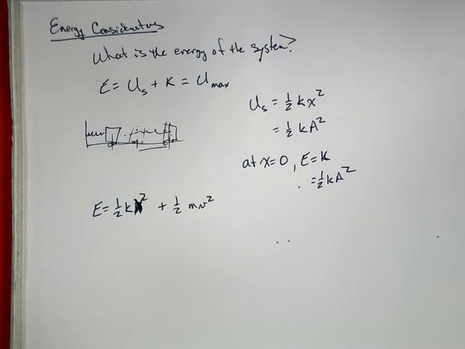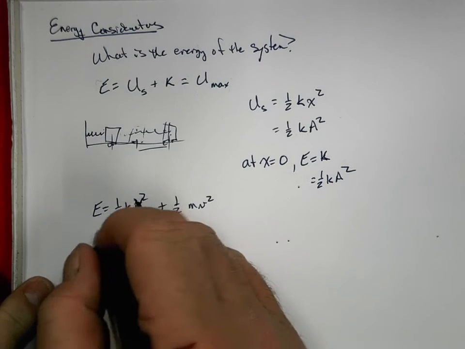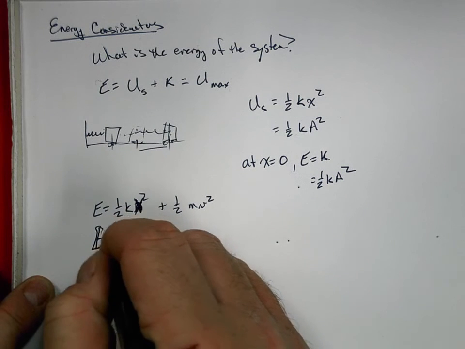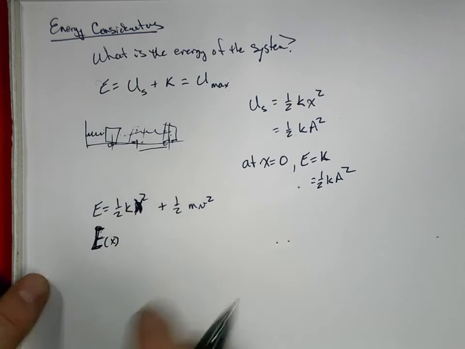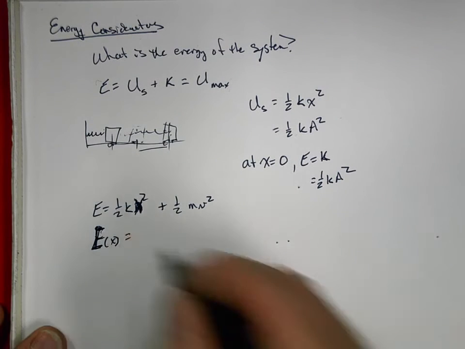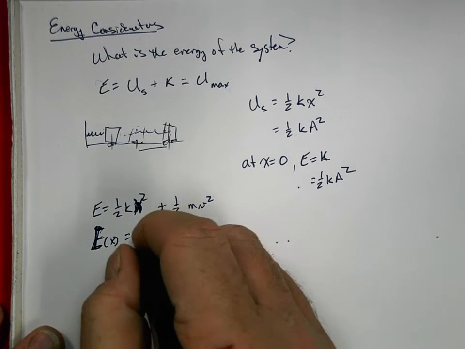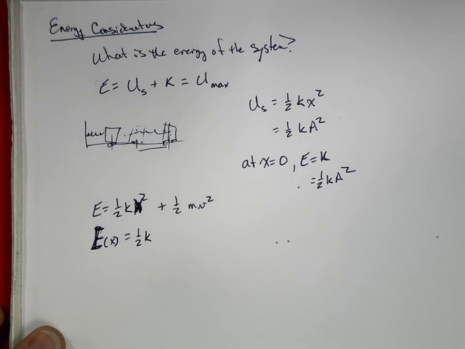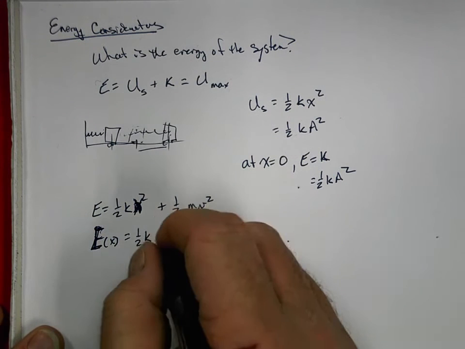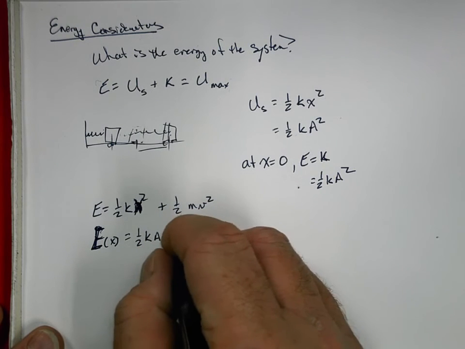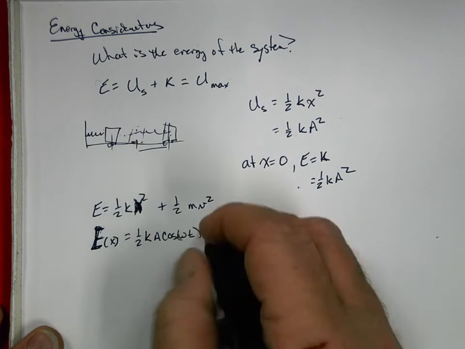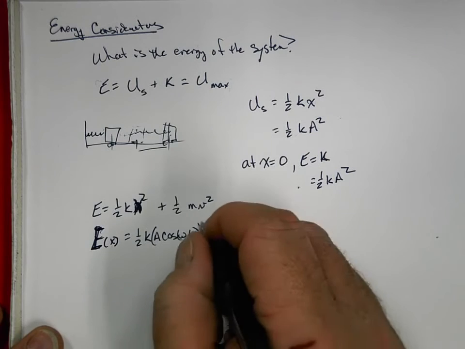Okay, so our energy as a function of our position is going to equal 1/2 K times, what was our X of T? Well, our X of T is A cosine omega T, squared, right?